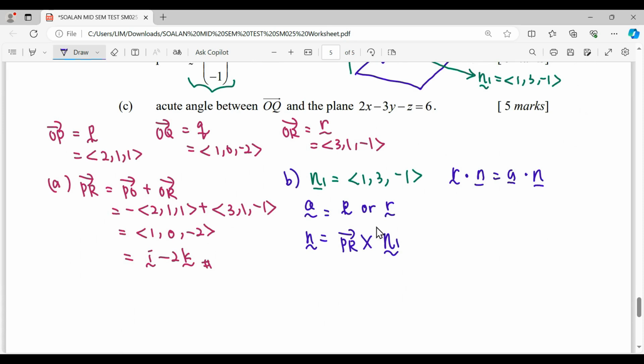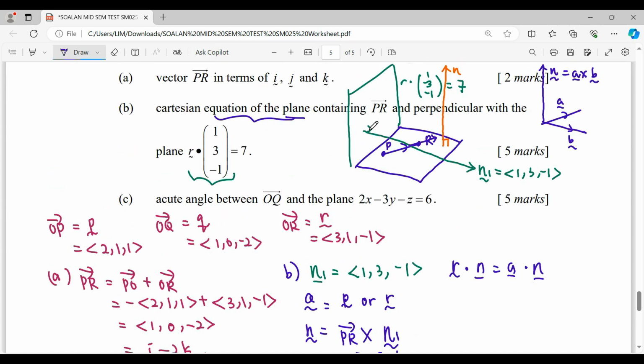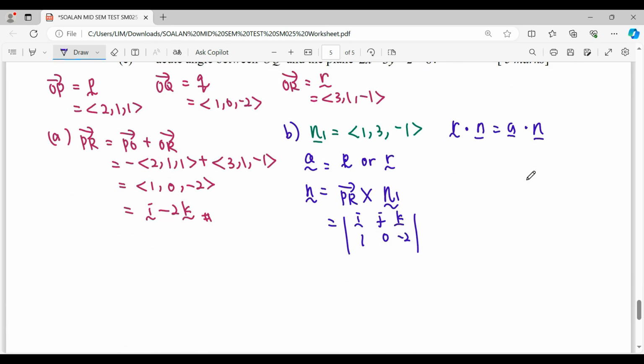To do this cross product, you need a 3 by 3 determinant with the first row being ijk, and then we put in the vector PR, which is 1, 0, negative 2, and then the normal vector from this perpendicular plane, which is 1, 3, negative 1.